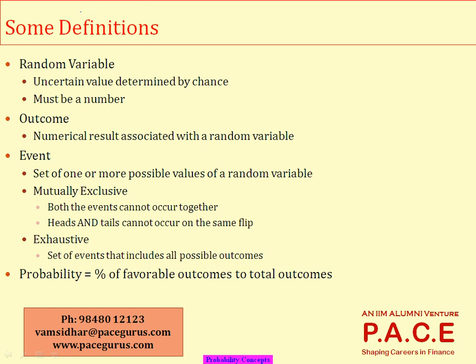Here, the first thing we deal with when we talk about probability is uncertainty or chance. So there is some kind of randomness in the values that could be taken by a particular variable, and those kind of variables are called random variables.